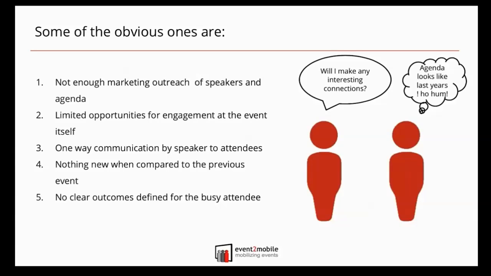And another thing, like Varun mentioned, is you actually don't know the agenda a lot of times until you get there. You get a pamphlet and try to make your own agenda. With Event Mobile, the organizers can send out the application a lot earlier, where users can see the full agenda, make their own agenda, bookmark sessions they're interested in, and add them to their calendar, so they have it all set way before they get there.